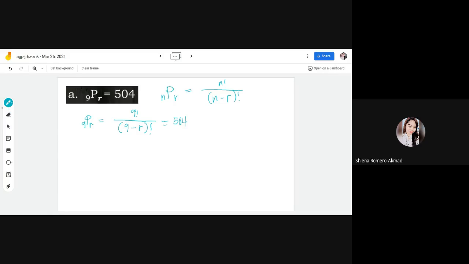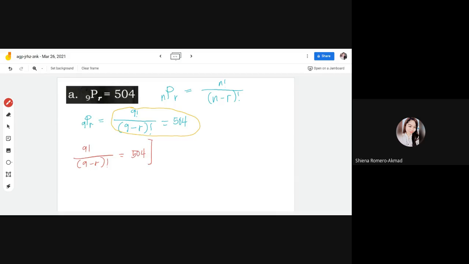All we need is to get the value of r. So we have 9 factorial divided by 9 minus r factorial equals 504.